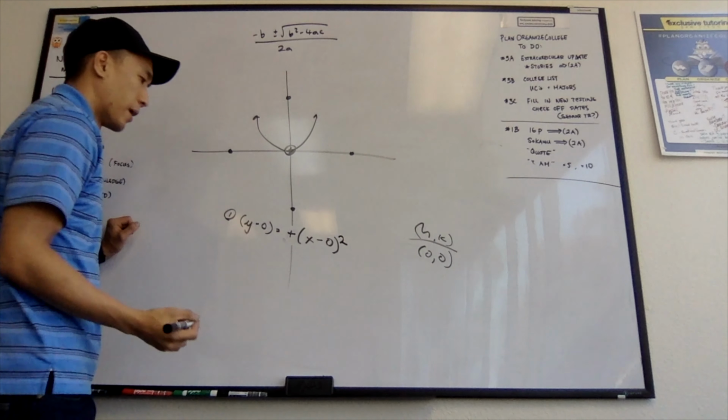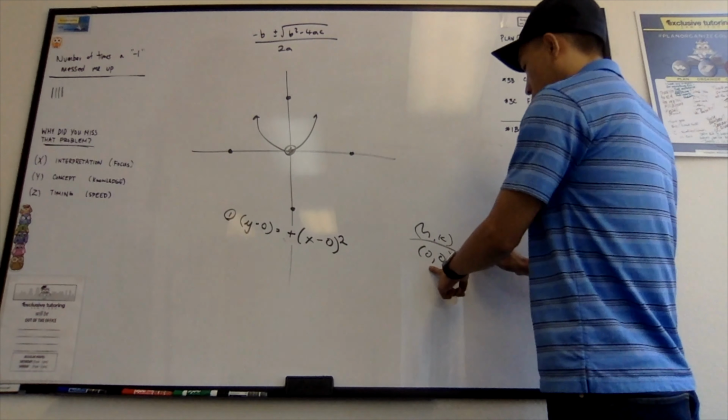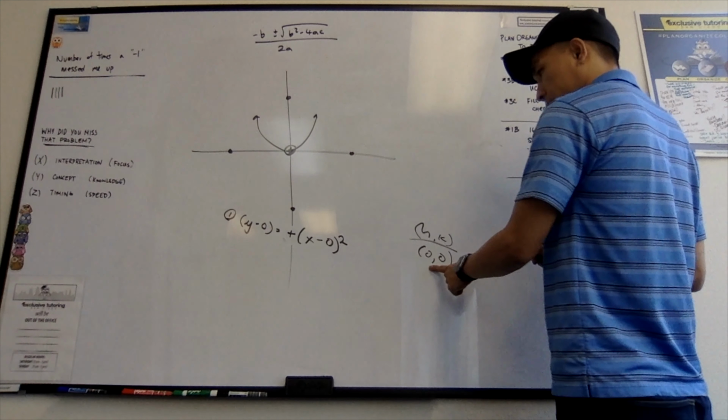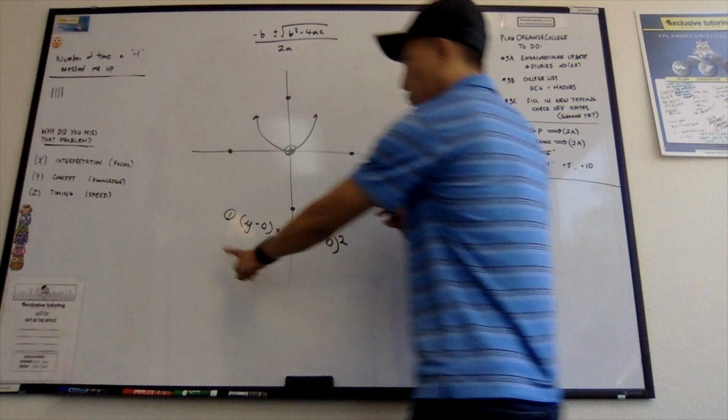Squared, okay? So this axis of symmetry is at 0. Okay? This is the vertex. That's number 1.